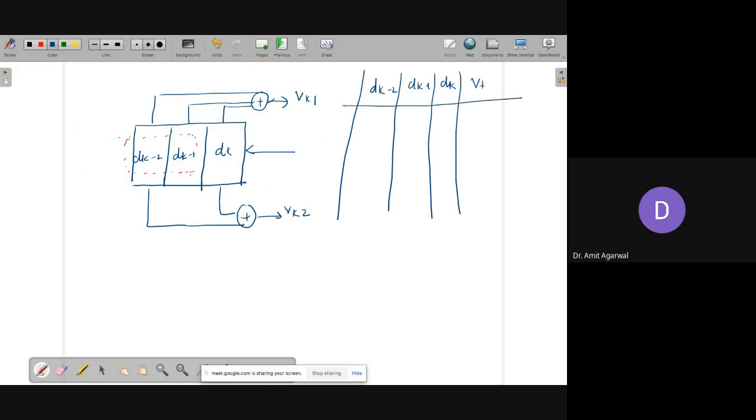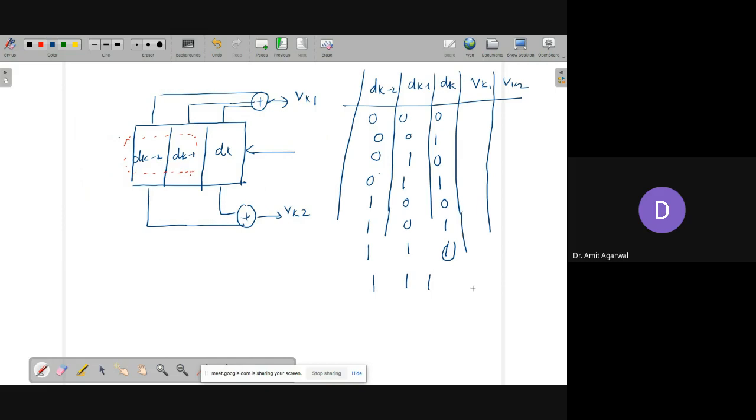Accordingly, we can have vk1, vk2. 0 0 0, 0 0 1, 0 1 0, 0 1 1, 1 0 0, 1 0 1, 1 1 0, 1 1 1.